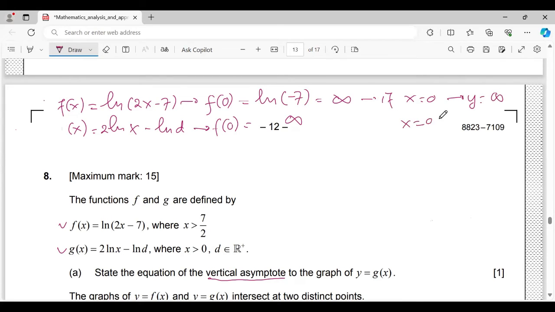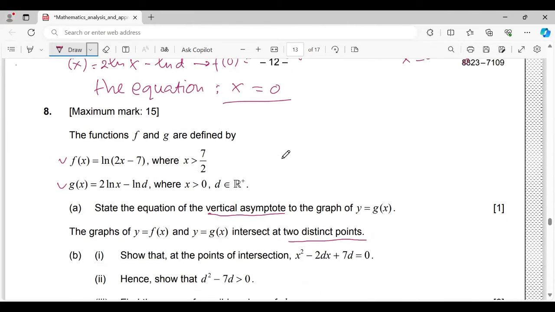So the equation will be x equals 0. This is the vertical asymptote equation.